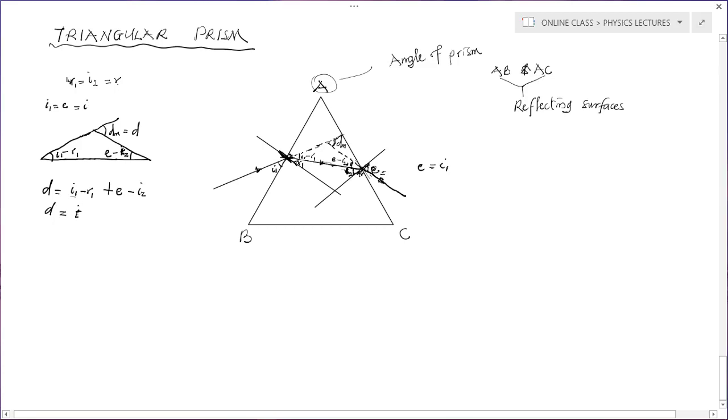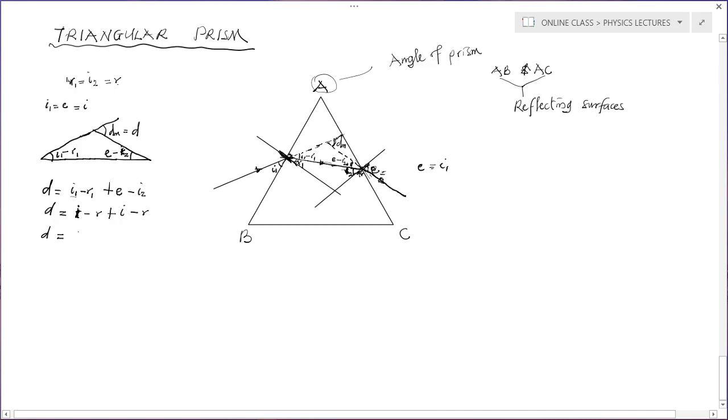Our D1 is equal to I in this case. We use I minus R1, which is the same thing as small r plus E, is equal to I again, and that's equal to what? I2 is equal to R. So from here, what do we have?